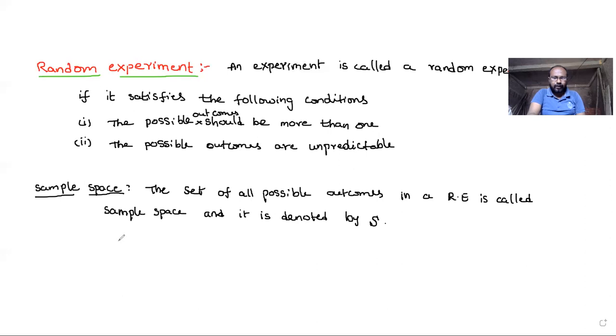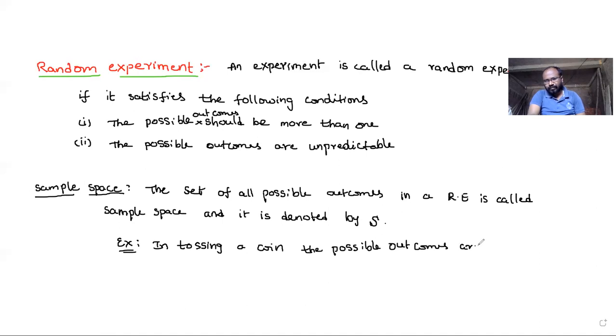So see here, for example, in tossing a coin, the possible outcomes are head or tail.